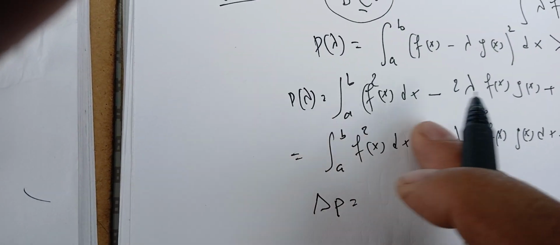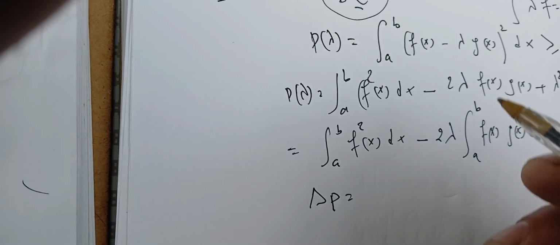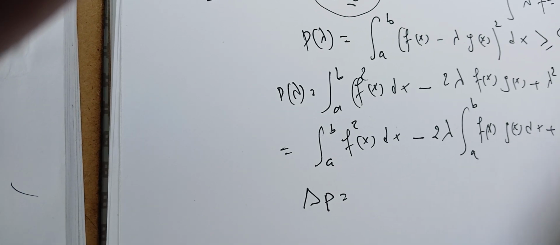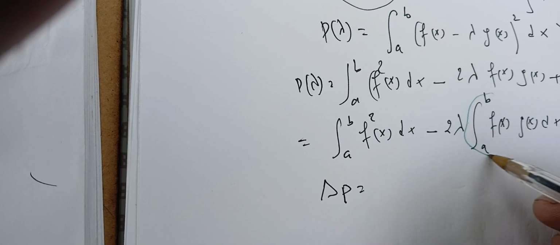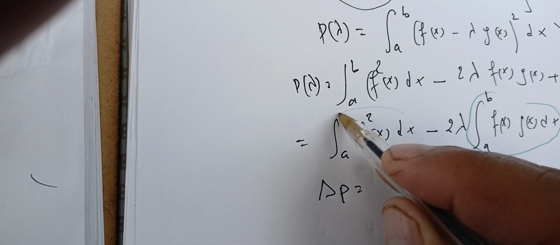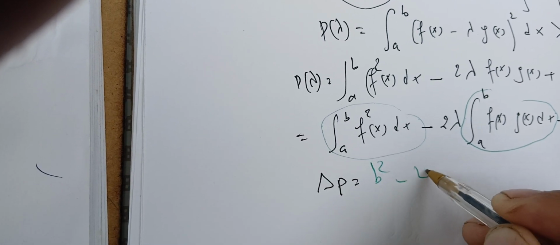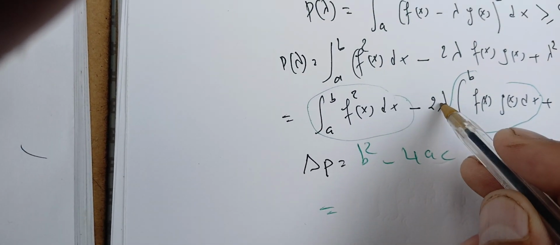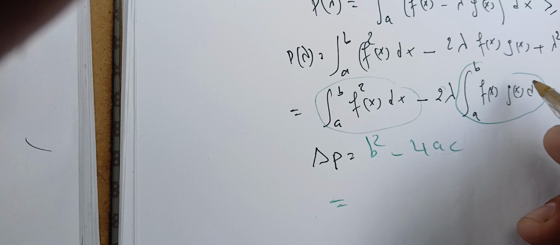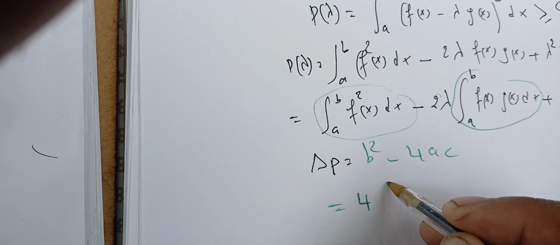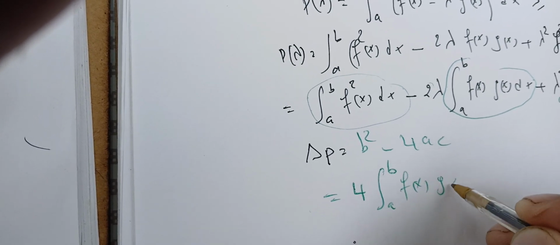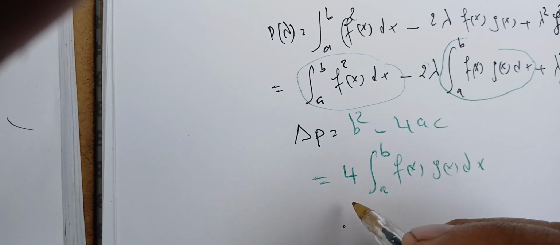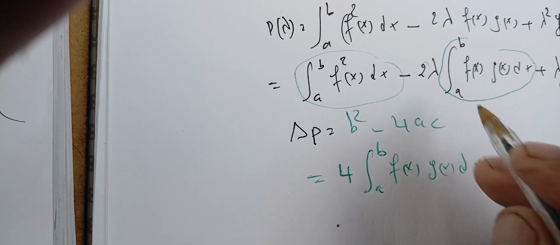Here we can think of this one as our a, this as our b with the 2, and this as our c. We have delta is b squared minus 4ac. B squared in this case is minus 2 times the integral between a and b of f of x g of x dx, squared, minus 4ac.